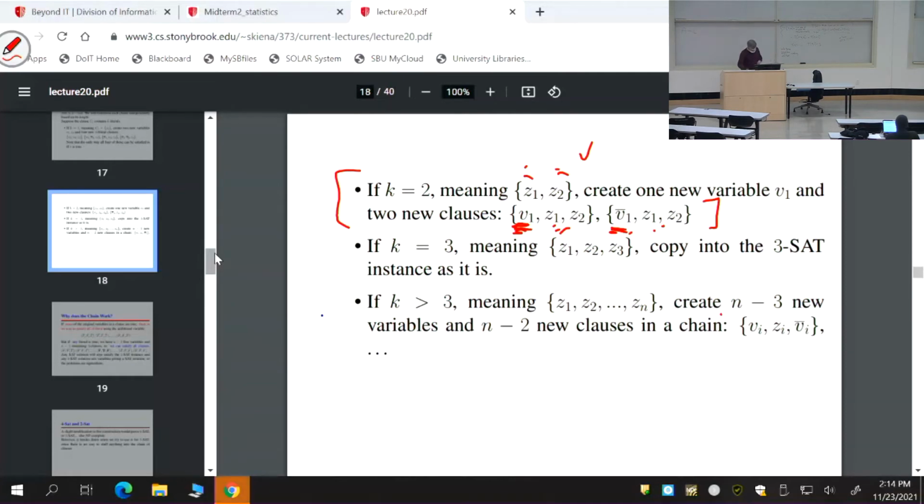If my problem had this clause, z1, z2, z3 on 3 elements, how would I convert it to a set of 3-element clauses that are logically the same? Just copy it again, right? It's a 3-element clause that is logically the same. So what's the hard part? What if I am given a big clause?